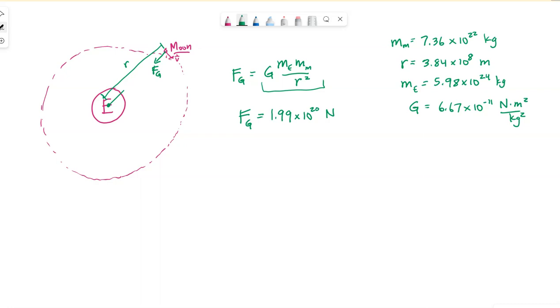It's big. I would expect the force to be big. Let's talk about g, meaning the acceleration of the moon. Now, specifically, the acceleration due to gravity of the moon towards the Earth.